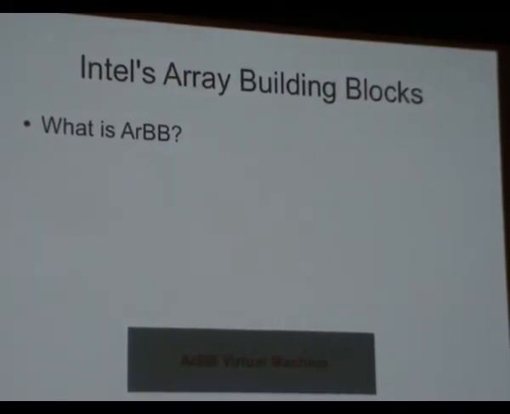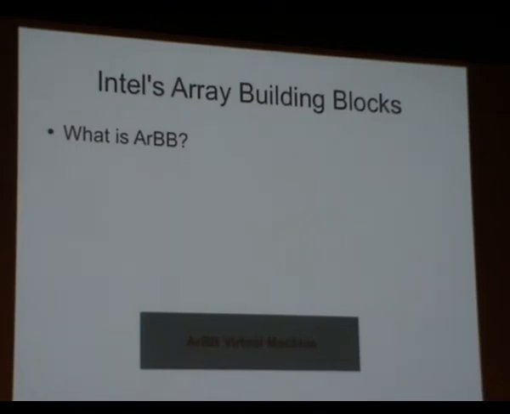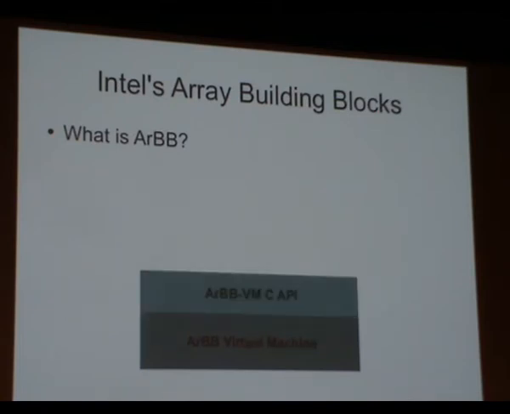ArBB, Intel's Array Building Blocks, is composed of a number of things. There's a virtual machine at the bottom that I don't really know how it's implemented, but that takes care of the compilation towards the specific target architecture in the end. But this is how I know it.